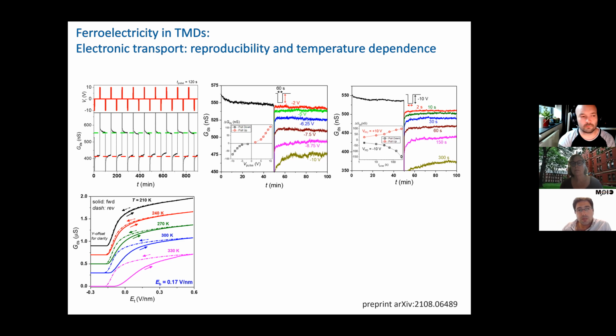Imagine that you have a few contacts just placed in the bulk, and then you apply displacement field. So the question is whether between these two contacts you would get lines of domains which are connecting. So is it lateral now?